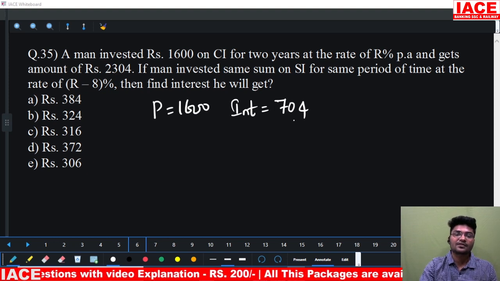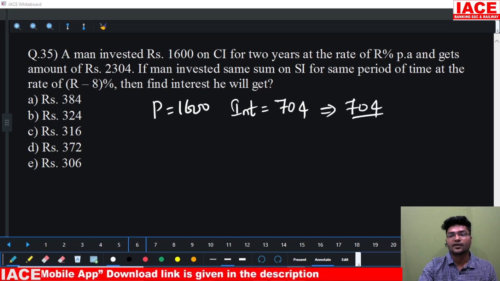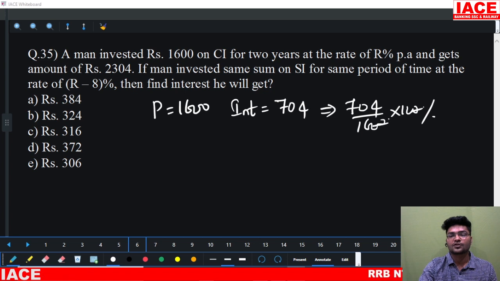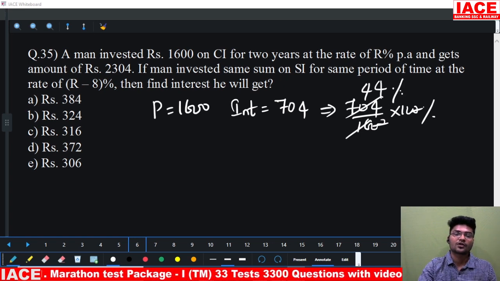So this 704 is how much in percentage? How will I calculate? Now 704 divided by 1600 into 100 percentage. So two zeros get cancelled out. 16 ones are 16, 16 fours are 64, so it is 44. So rate of interest for these 2 years is 44 percentage.